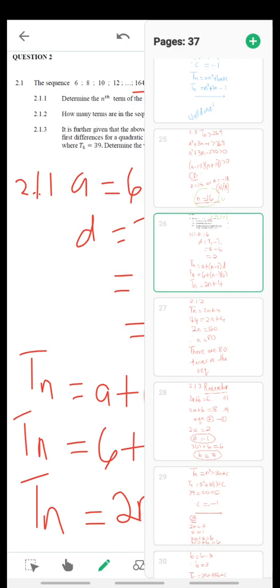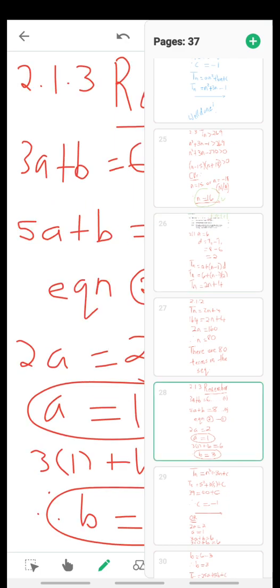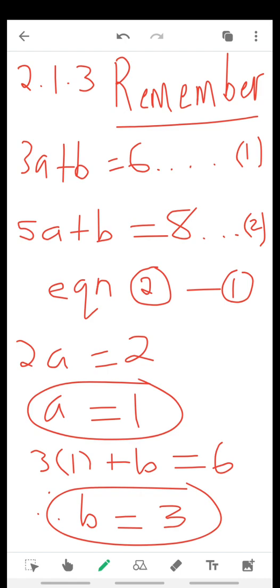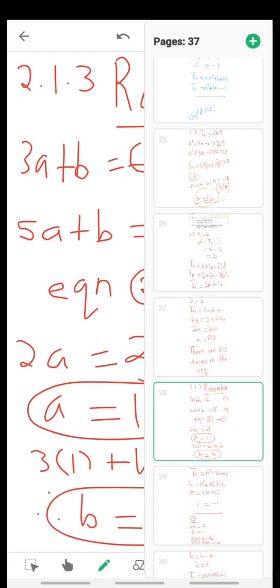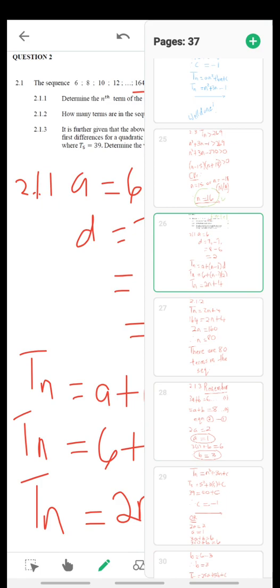Now, after saying that, I said 3a plus b equals 6, and then where does the 5a plus b come from, being equal to 8? Let us start here. Remember, my 8 represents the second term of the first differences.